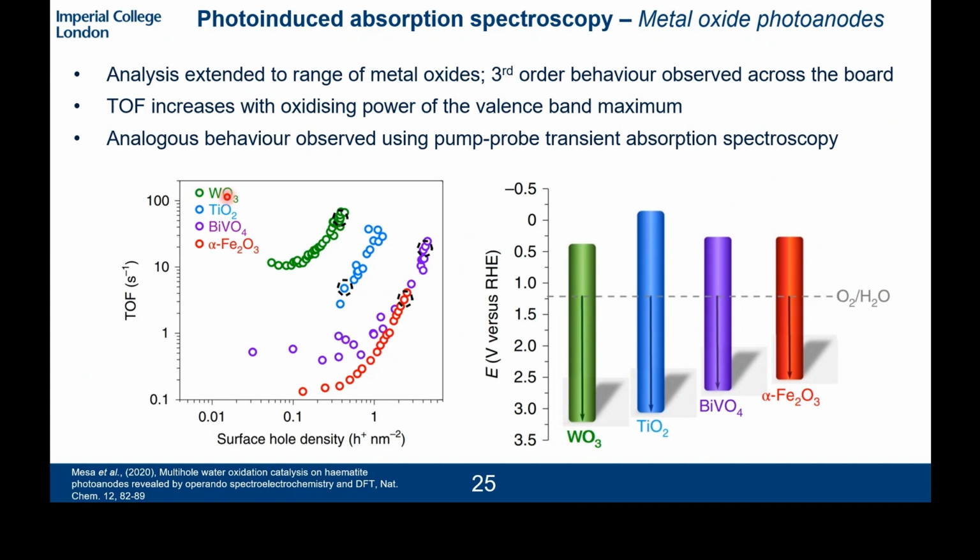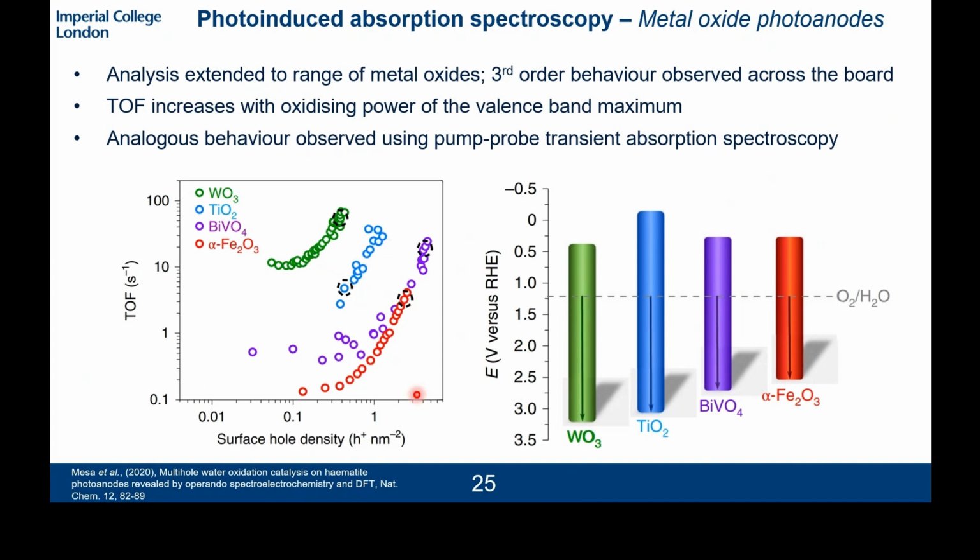But essentially what we see here by doing photo-induced absorption spectroscopy and looking at the different turnover frequencies versus the concentration of hole carriers, is that we are towards the left if we have a much deeper valence band. And what that essentially means is that the rate constant for water oxidation is much, much higher, as you have a deeper valence band.